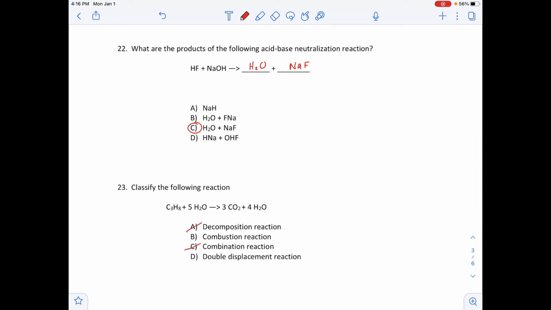Nothing's being combined there. And it's not a double displacement reaction, which only leaves a combustion reaction. And an easy way to tell if it's a combustion reaction is we have oxygen as a reactant and we have CO2 and water as products. And that can clue you into combustion reaction. So the correct answer would be B.